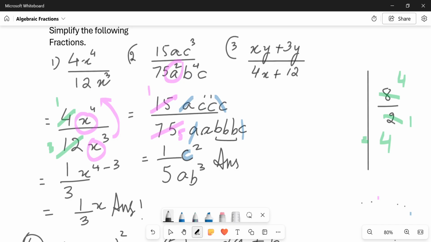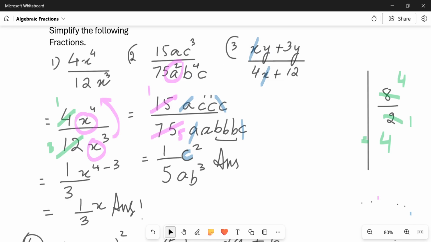Now the third question. In the third question, we have the expression xy plus 3y. So how are we going to solve it? Do you think that we can cancel x here and x here? No, we cannot cancel. Why? What is the reason?